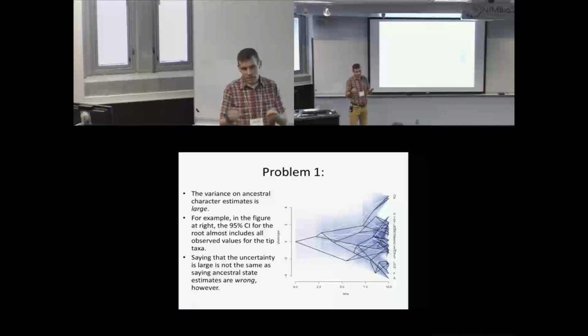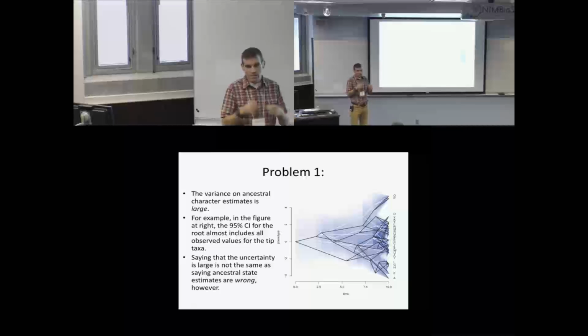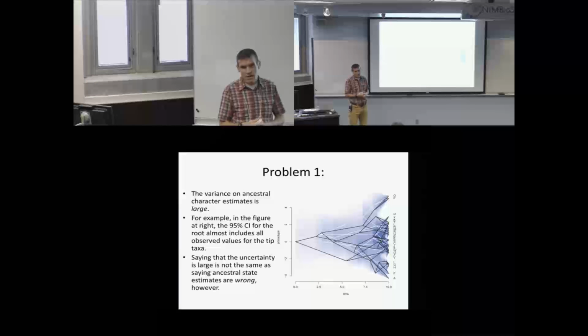The reason is that if your tree's wrong, it's going to put taxa that are dissimilar in phenotype together more closely than they ought to be, and the only way to explain that data is with a higher rate of Brownian evolution, okay? So that's a type of bias introduced by having topological or branch length error in the phylogeny.